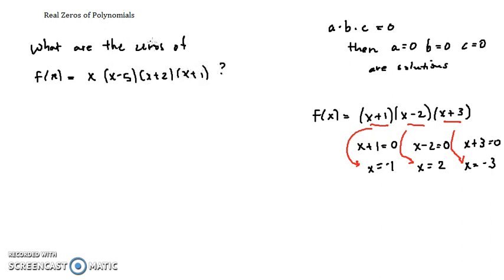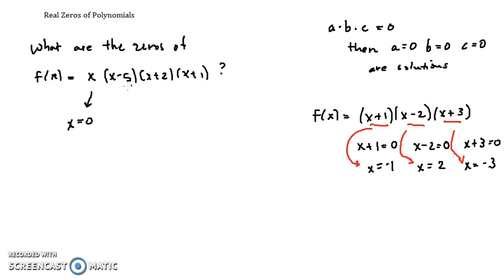What are the zeros of this one? So each factor should give us an answer. This one's a little bit different. What do we have if we have an x out front? Well, each thing sets equal to 0, right? So this is the same as x plus 0, or you can just think of it as setting it equal to 0. So for this one, we get a solution of x equals 0.